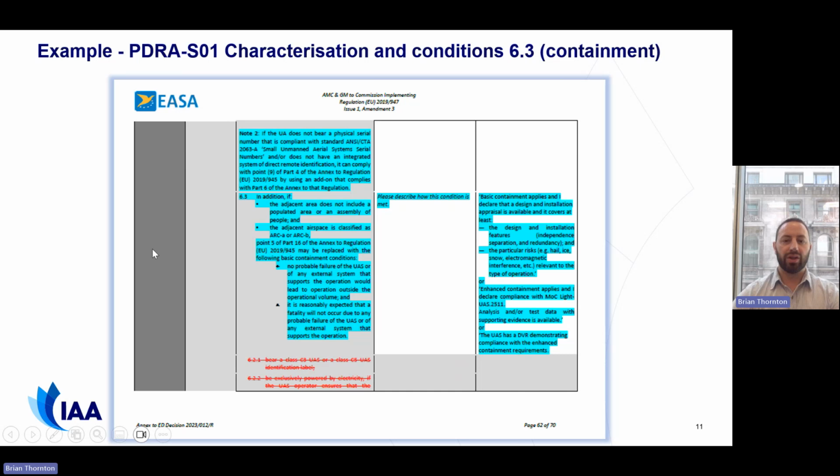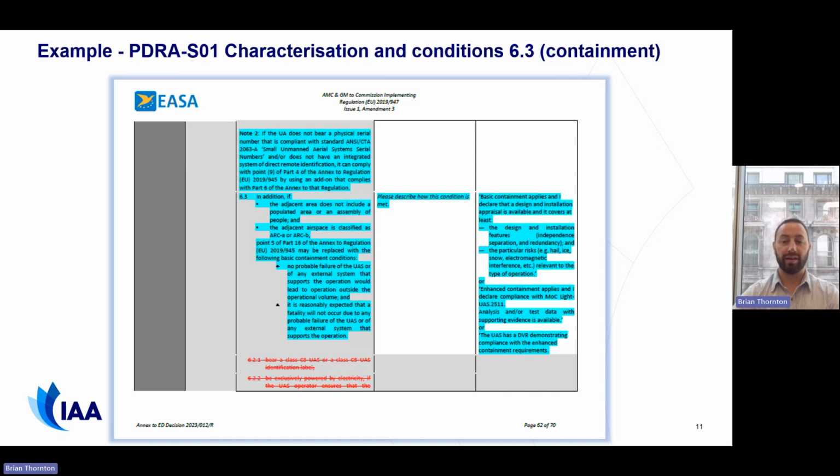So when I talk about the regulation, this screenshot here is just an example of the PDRA S01 characterization and conditions table. What that means is that there are a number of conditions and characteristics that apply to your operation that you must make declarations for within your operations manual.